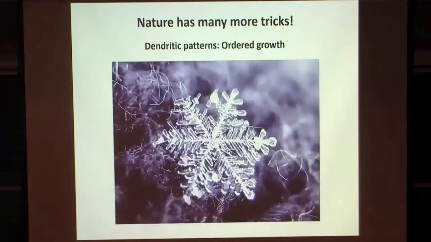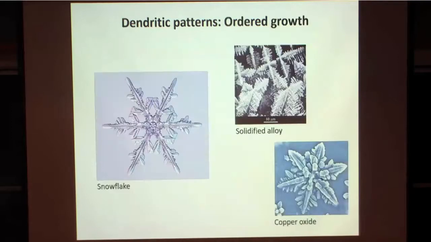Nature, for example, can make very ordered structures, where we get structures that have a really high symmetry, in this case, a snowflake with 6-fold symmetry, which is the ordered growth, which we call dendritic patterns. And so these dendritic patterns, again, occur repeatedly in nature, in snowflakes, in solidifying alloys, in copper oxides. So it's kind of a different design strategy for nature to make a pattern.